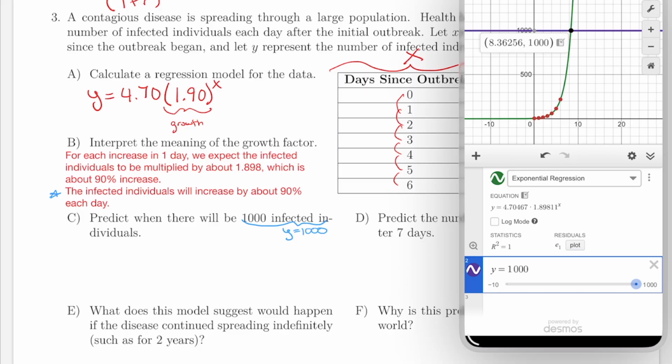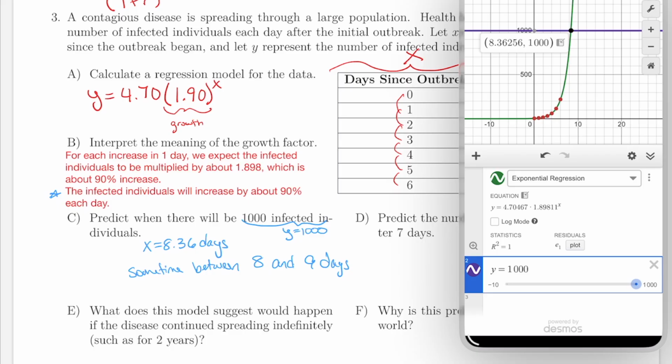So this looks like x equals 8.36 days. So predict when there will be 1,000 individuals. I don't know, sometime between 8 and 9 days, right? That's when we would expect to have around 1,000 infected individuals. And again, this is extrapolation because it's going beyond the scope of our data. Our data only goes up to day 6.